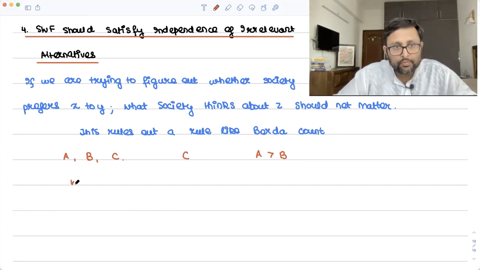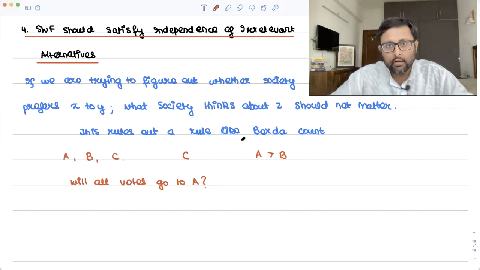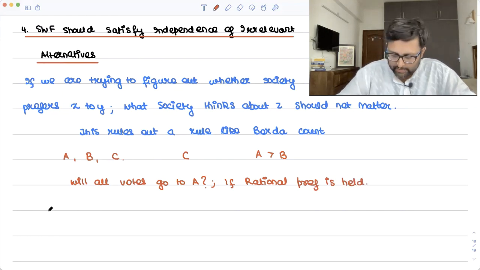Will all votes go to A, if rational preference is held?